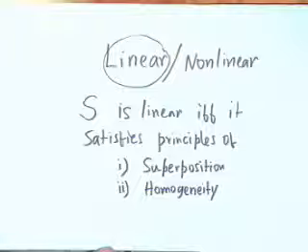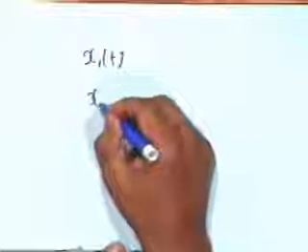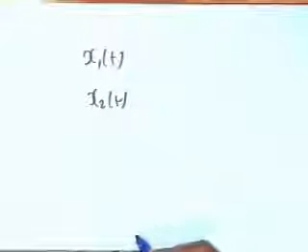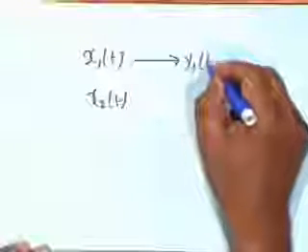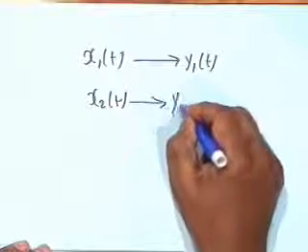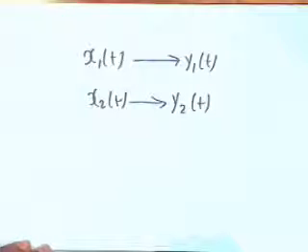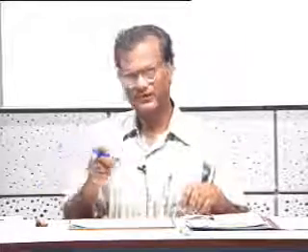Superposition means that if you have two signals, x1(t) and x2(t), applied separately to the system, and x1(t) leads to y1(t), x2(t) leads to y2(t). You make two measurements: apply x1, measure the output y1, apply x2, measure the output y2.